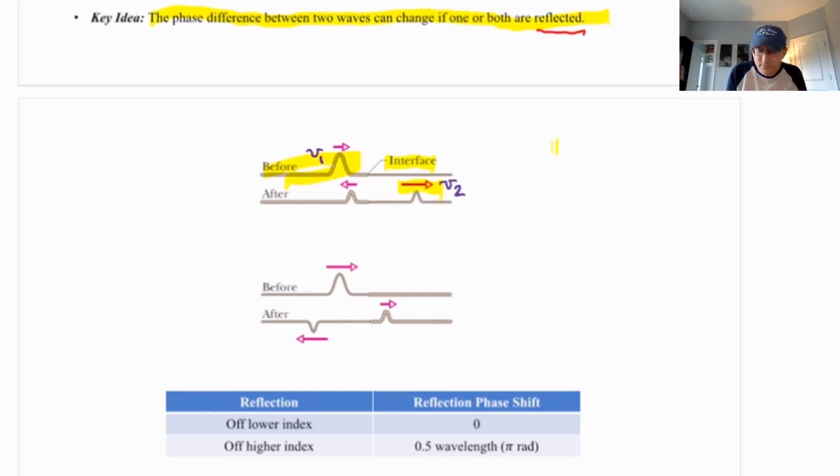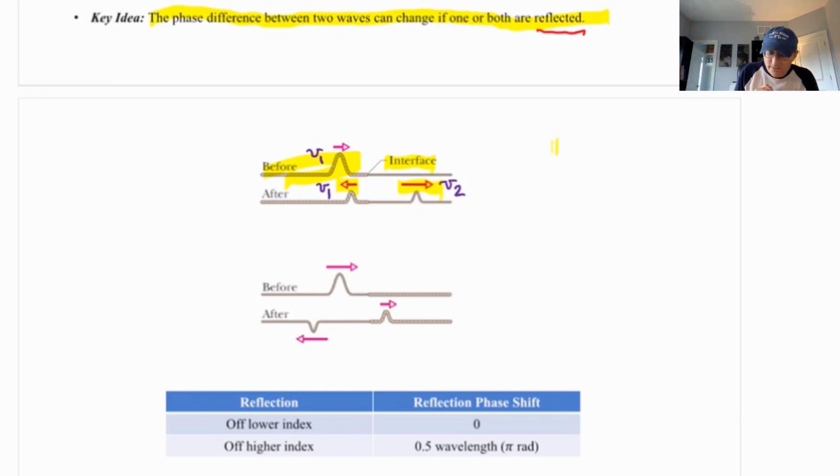And part of the wave pulse is reflected back, traveling backwards at the speed v1. And the wave pulse that's reflected is still upright, like the original wave pulse. So there's no inversion of the wave pulse itself when the reflection occurs at the interface, where on the right we have the lighter rope, where we have the wave pulse traveling faster.